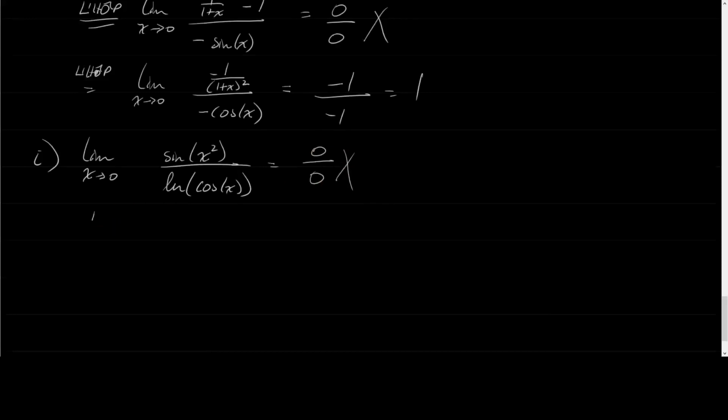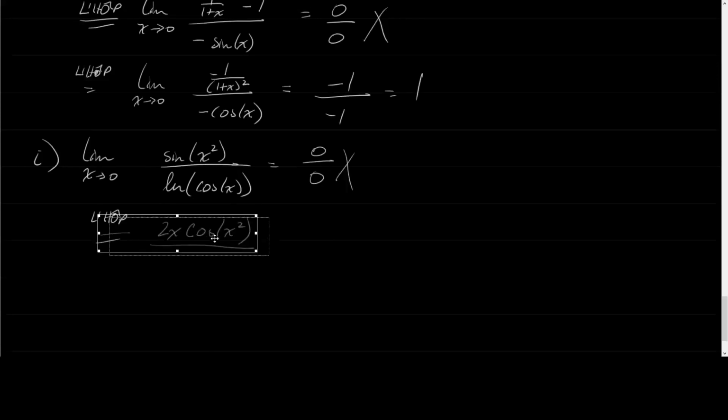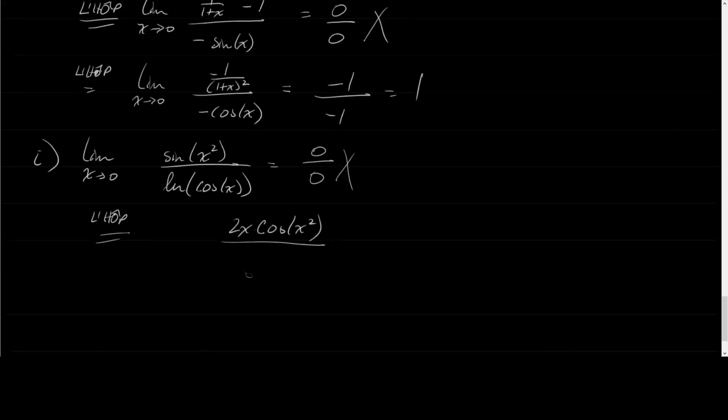That's indeterminate. So L'Hopital's rule, we get, and here the derivative of sine is cosine, but then by chain rule times 2x over, look at that, I cut it early. I forgot to write my limit.